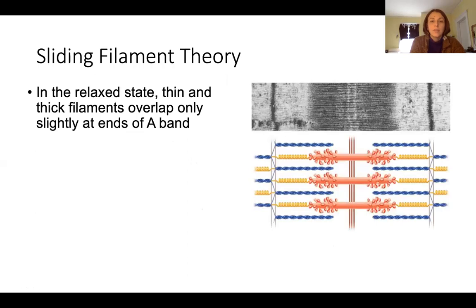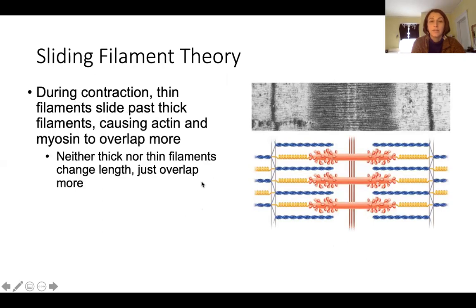So the sliding filament theory, let's just break it down quickly. Here's this relaxed state. This is what the actin filament looks like. This is what the myosin filament looks like. And when they're relaxed, there's a space in between, right? And there's a little bit of overlap here.